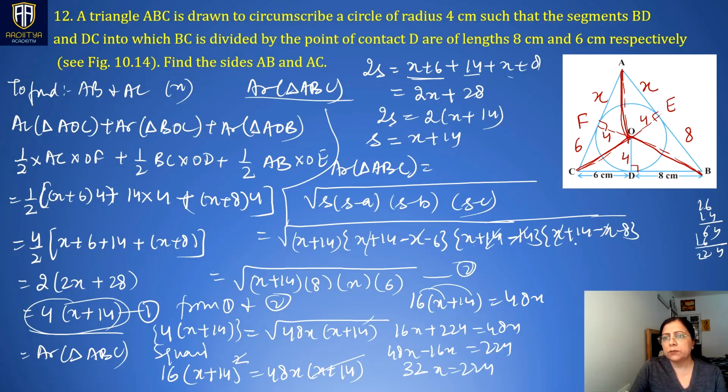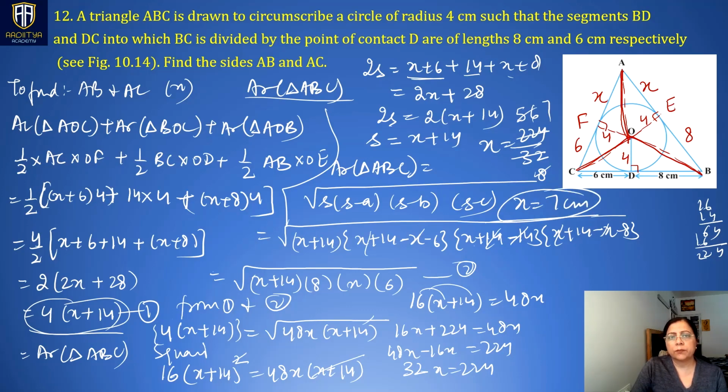So solving for x, 224 by 32. 32 sevens are 224. So the value of x comes out to be 7 centimeter.